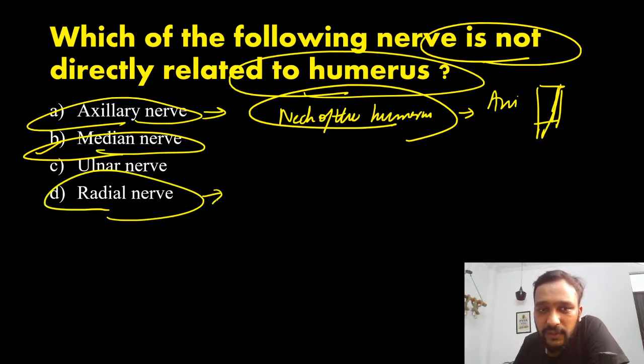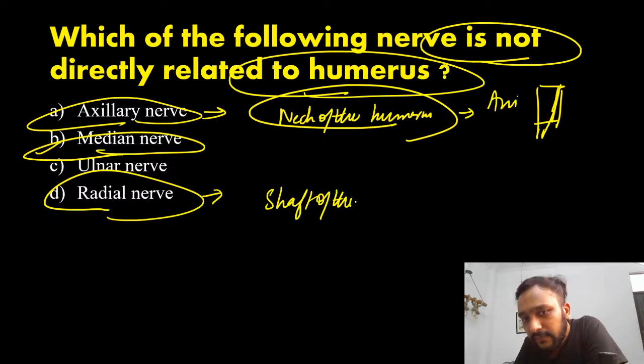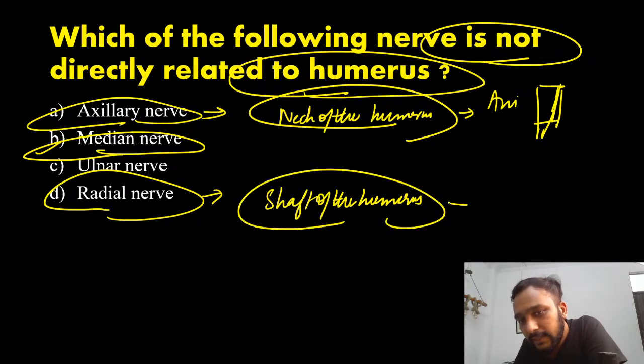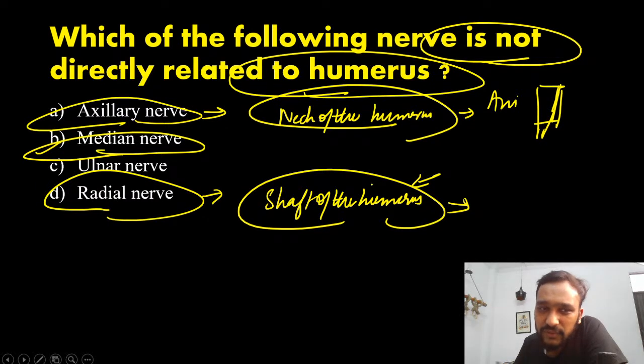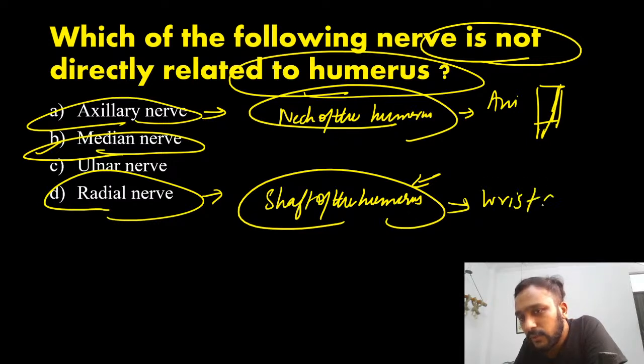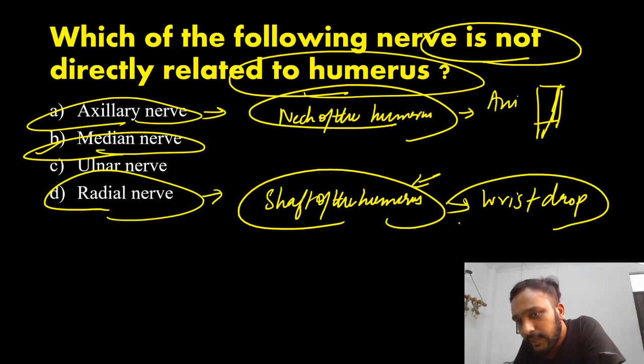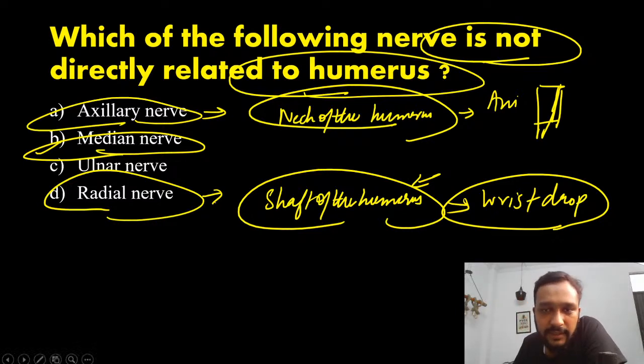Radial nerve, guys, we all know is related to the shaft of the humerus. That is why in fracture of the shaft of the humerus you have radial nerve injury. And what are we going to get in radial nerve injury? We are going to get wrist drop.